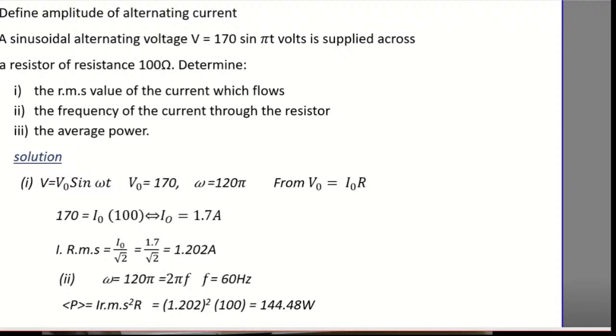Then average power. There are very many ways of obtaining average power since we have all the values.